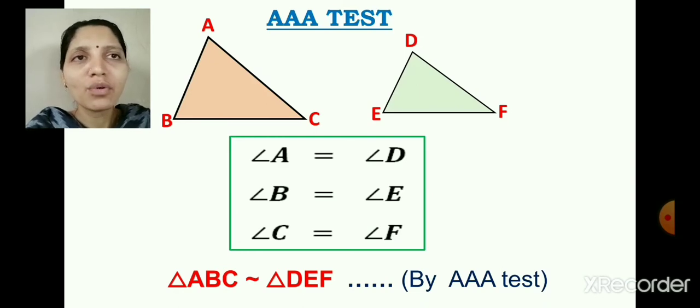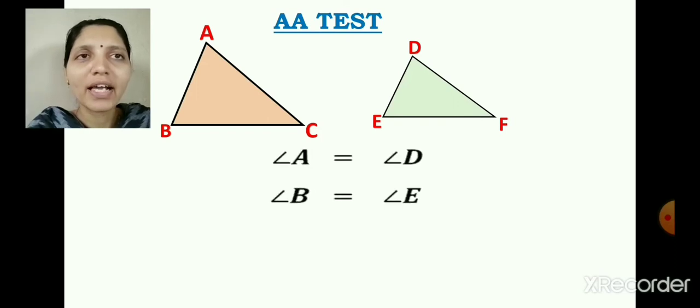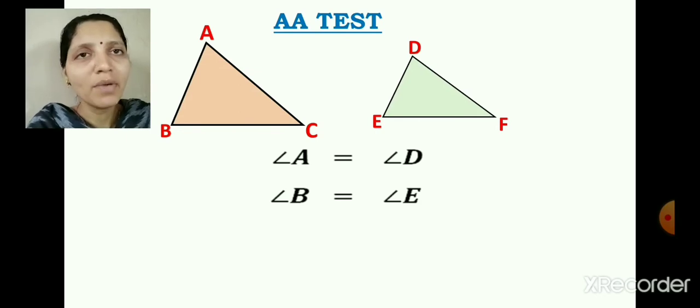Similarly, if you consider two corresponding angles, then also we will get that the two triangles are similar. So here, angle A is equal to angle D and angle B is equal to angle E. Then angle C and angle F will automatically become congruent, because we know that the sum of the measures of all three angles of a triangle is 180 degrees.